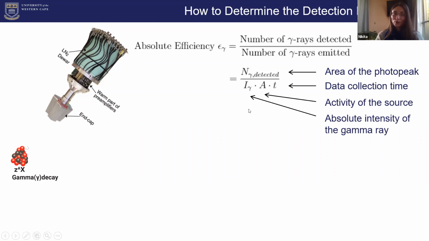So how do we get those two numbers? First, the number of gamma rays detected is simply the area of the photopeak. So we've been calling them peaks, but more precisely, they are photopeaks because they are coming from photons, from high energy photons, gamma rays.